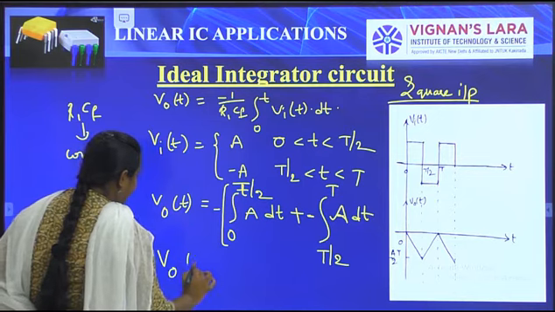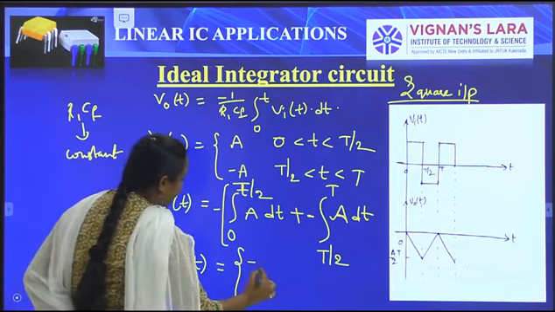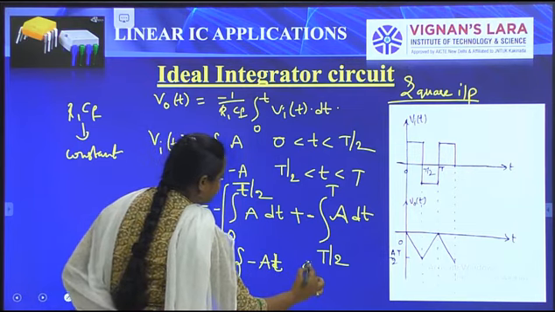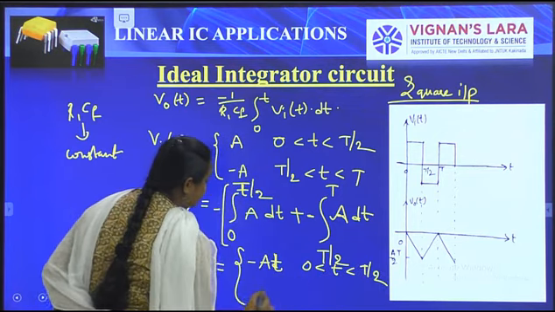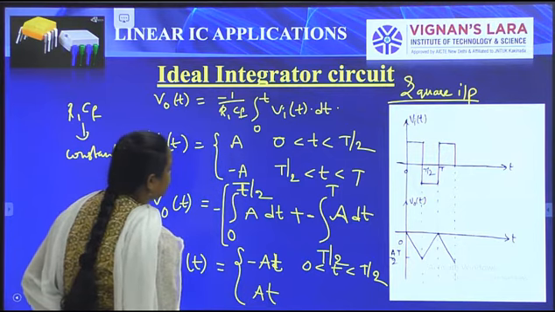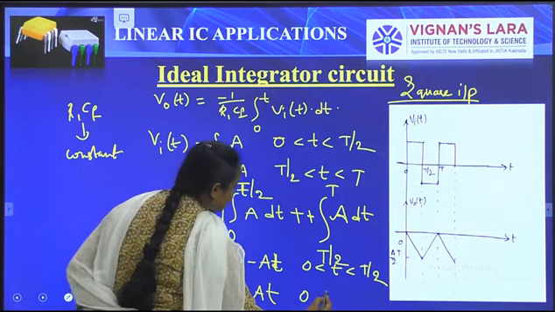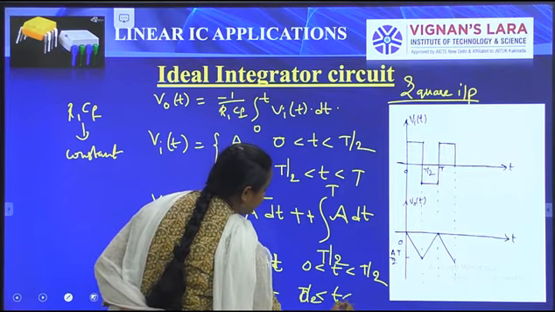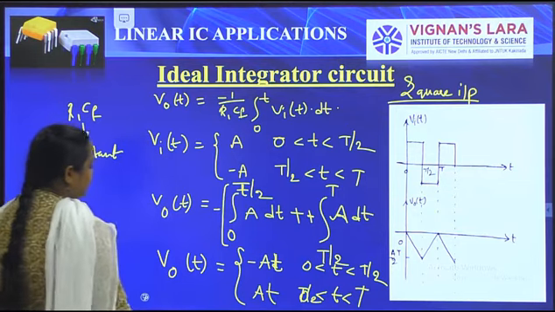So here v naught of t is equal to minus 80 when 0 is less than t less than T by 2, and then it becomes plus 80 when T by 2 is less than t less than T. So here we have a minus 80 term and a plus 80 term.